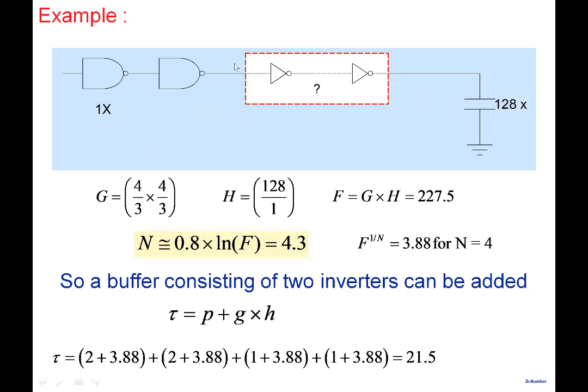Of course, there is a price you have to pay: you add some inverters and it takes more area. But it is interesting that I can add something to my circuit, re-optimize each gate, and end up with a lower overall delay.